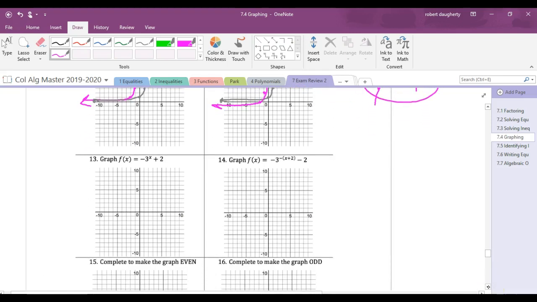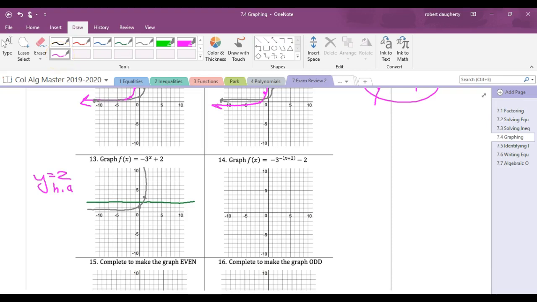The next one, the horizontal asymptote is at y equals 2. So I can see that in the graph. If I were to go to y equals 2, that's my horizontal asymptote. And it's basically the graph of 3 to the x that's been reflected, okay, and then moved up by 2. So what does 3 to the x look like? That's a 1 here, a 3 here. So it looks something like this. What would happen if I reflect it and move it up 2?